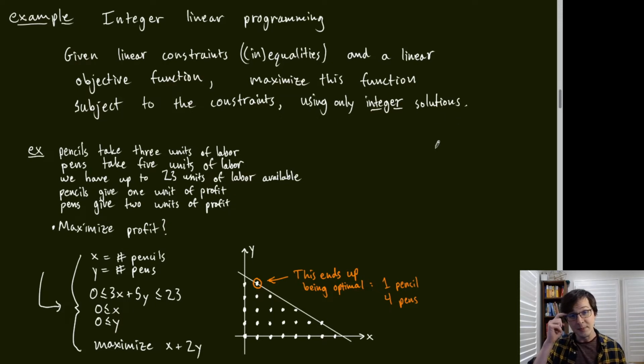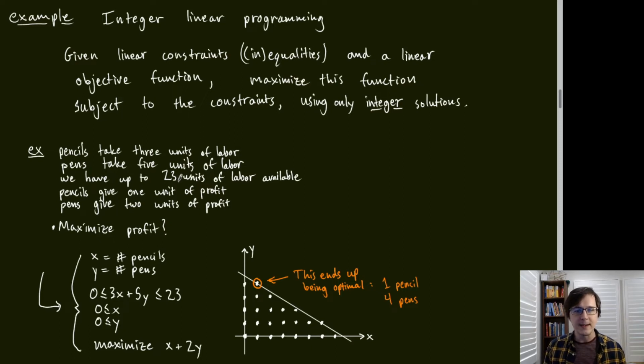So here's an example that I made up to illustrate this idea. Let's say that we are a stationery supply company, and we manufacture pencils and pens. Pencils, we know, take 3 units of labor to produce, and pens take 5 units of labor.